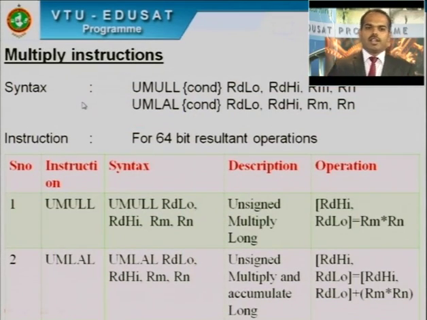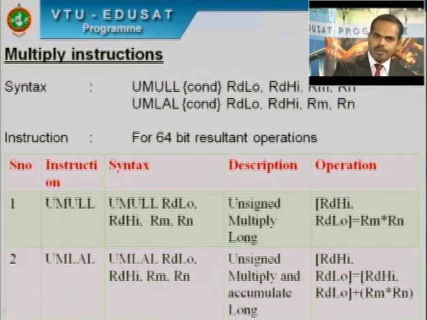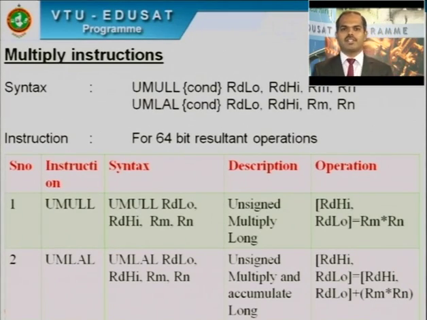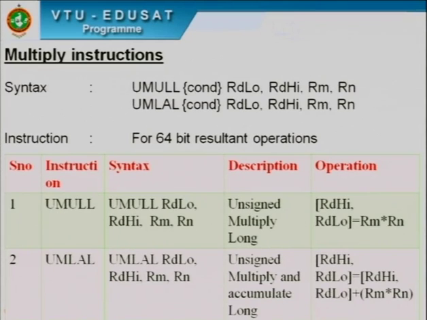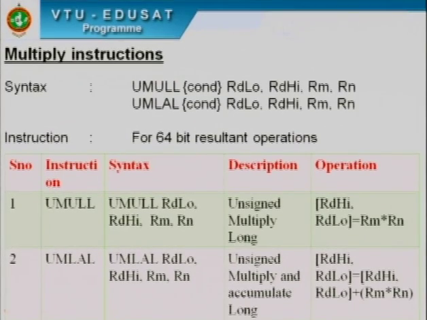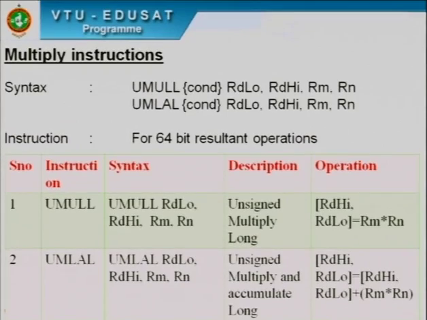As I mentioned in the beginning of the discussion, for a multiply instruction, the multiplication of two 32-bit values can go up to or beyond 32 bits. If a developer expects that the result could go beyond 32 bits, it is suggested to use these two instructions, which focus on unsigned multiplication. What are these two instructions?